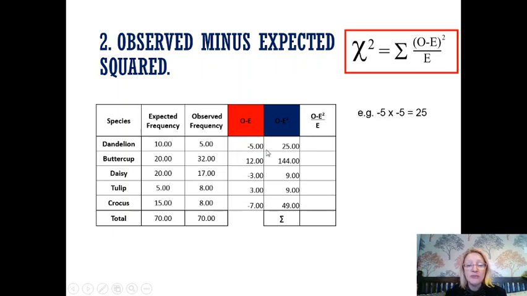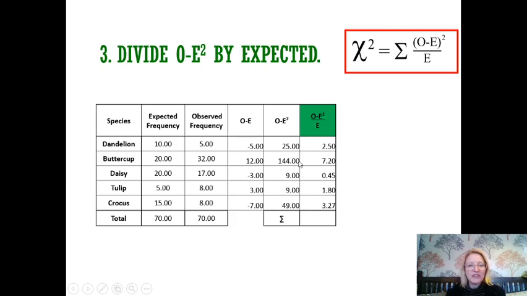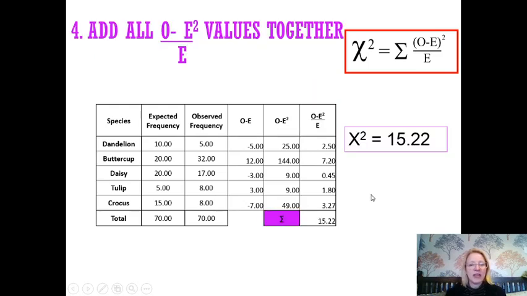So minus 5 squared is 25, and 12 squared is 144, 3 squared is 9, etc. Then I've divided it by the expected there. So 25 divided by the expected, which is 10 here, gives you 2.5, and I've done that for each of these different plants. And then I've added it all together. So we get our sum, and that gives us a chi-squared value of 15.22.